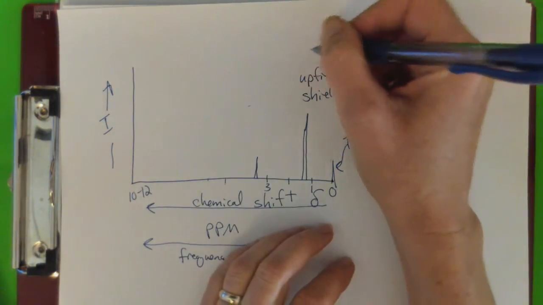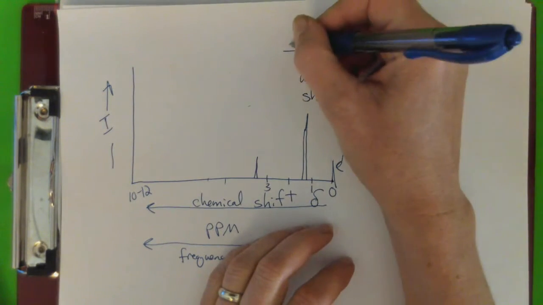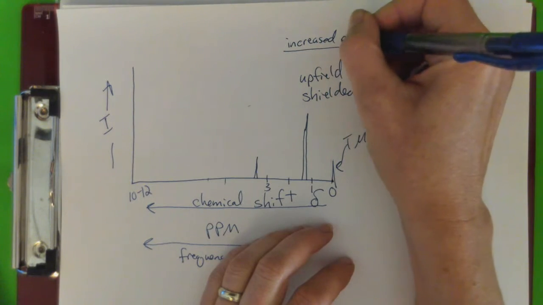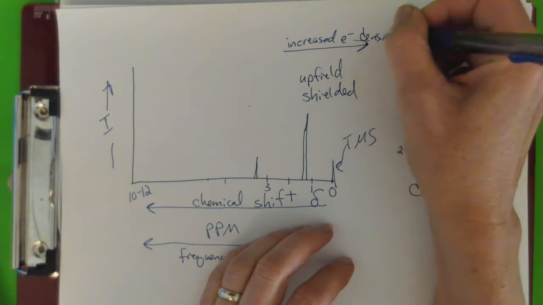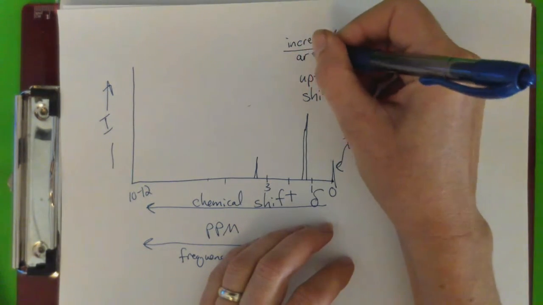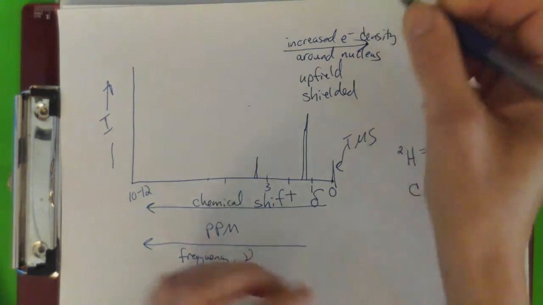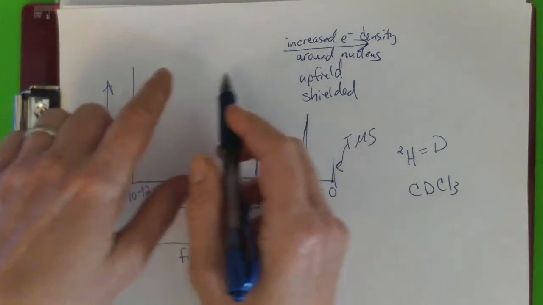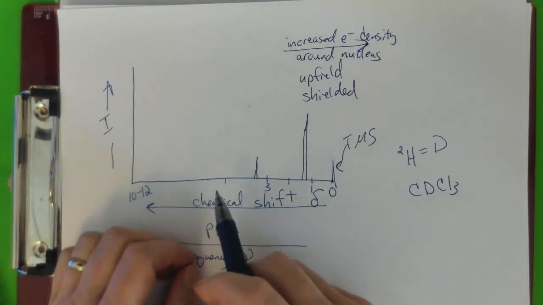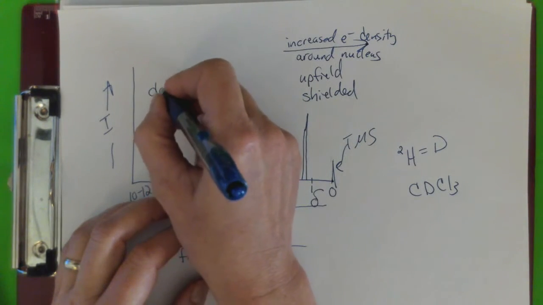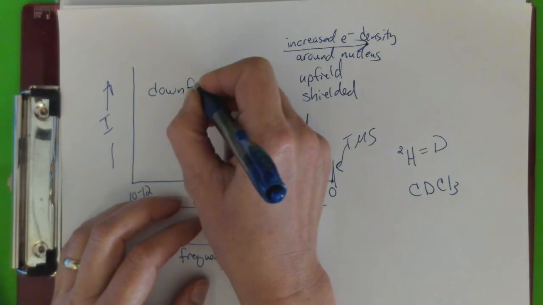And we're going to see that going in this direction, they have increasing electron density around the nucleus. And signals that are to the left on the NMR spectrum are referred to as being downfield.